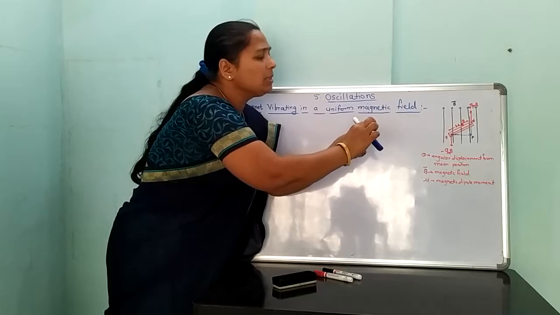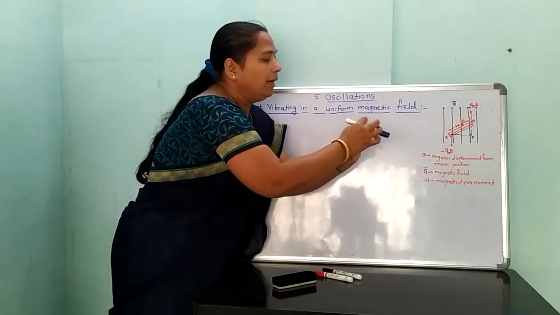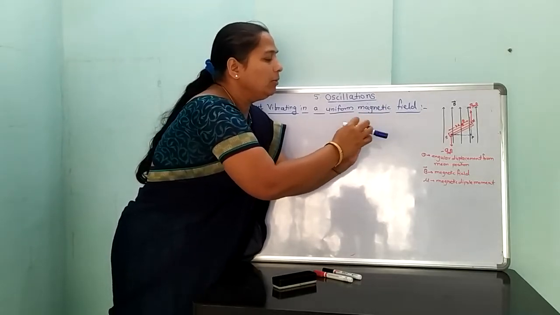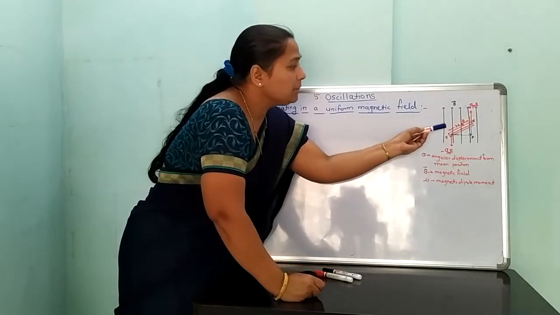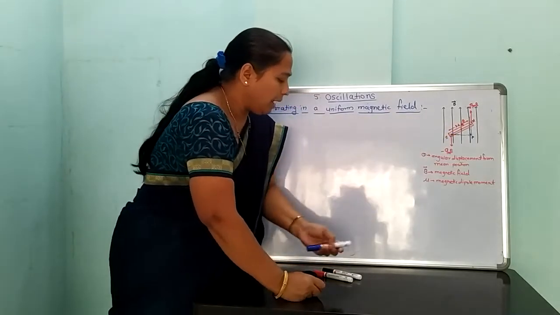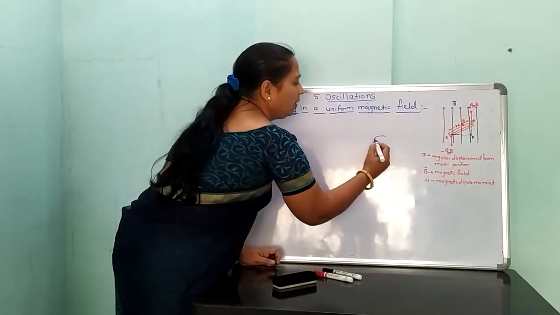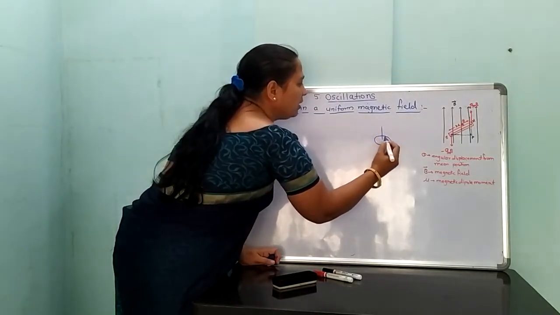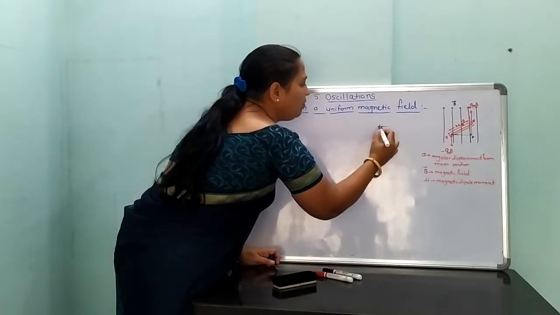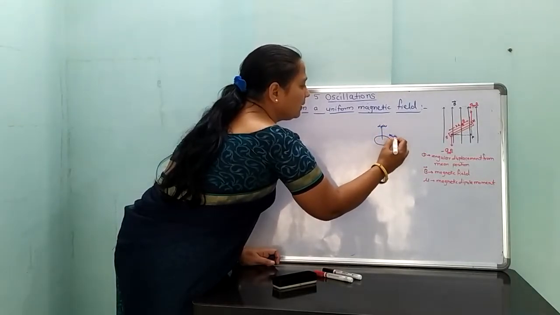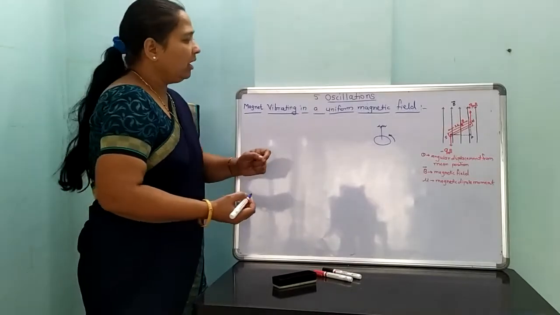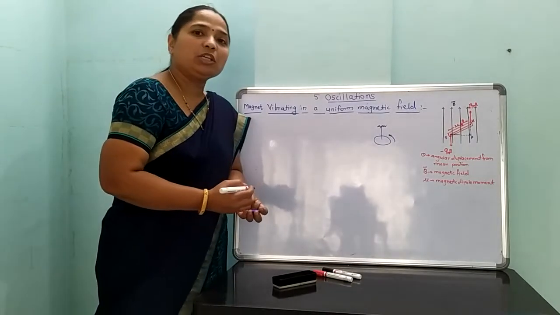Suppose the bar magnet is suspended in a uniform magnetic field, the magnet vibrates that way. Vibrations or oscillations take place when the angular disc is rotated with a uniform angular velocity. Therefore, it gives the angular SHM.